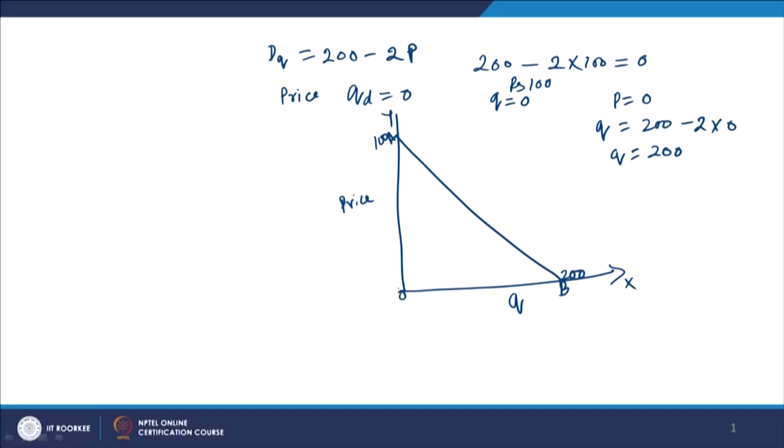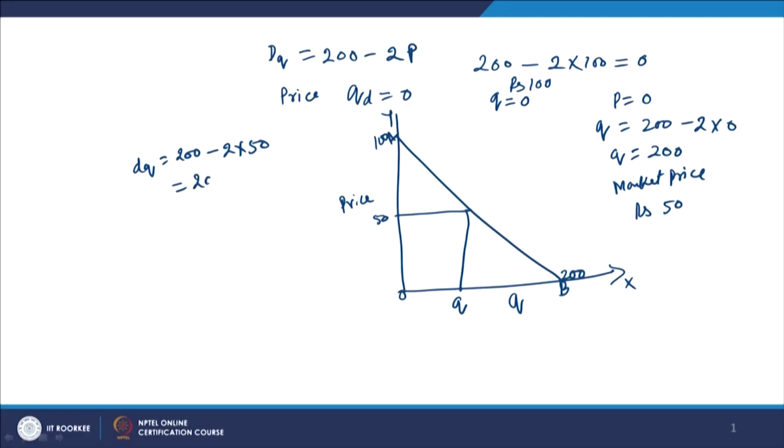Now, if a consumer goes to the market and buys the product, and if the market price here is say rupees 50, then quantity demanded: QD equal to 200 minus 2 into 50 equals 200 minus 100, Q equal to 100. So, Q is 100 when P is 50.